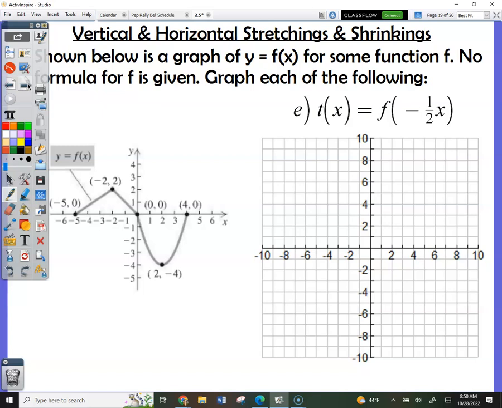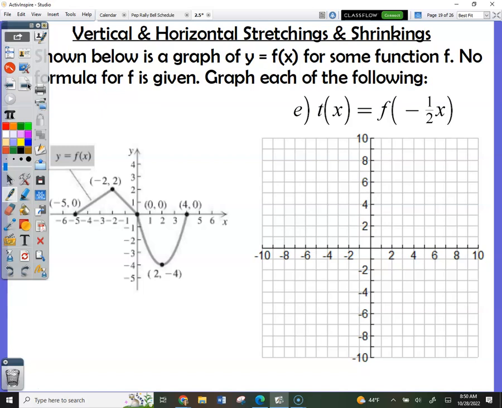You've got a horizontal stretch, and anytime there's a negative, like in the front of either the x or in the front of the function, it means a reflection. Just remember, the very front of the function, the one that you've known since Algebra 1, that's reflecting over the x-axis. When it's right next to the x, it's backwards, so it's actually going over the y-axis.